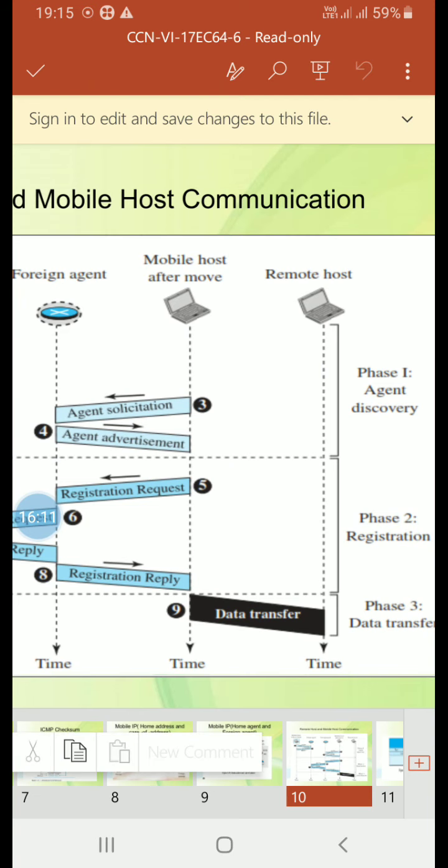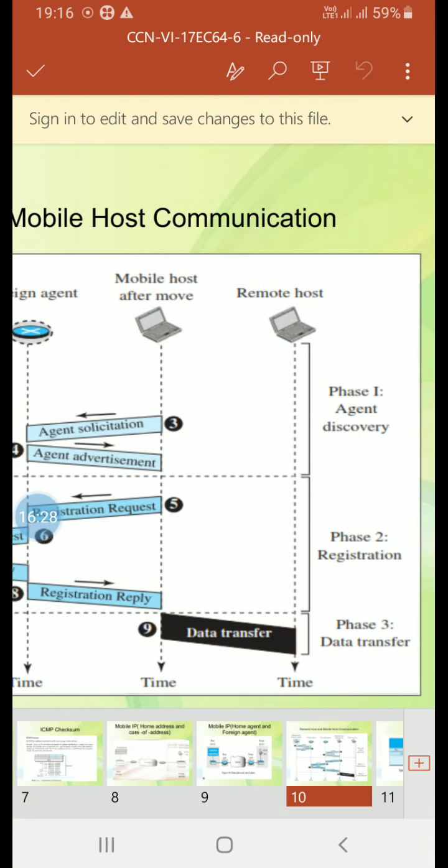All three phases are shown here: phase 1 agent discovery, phase 2 registration, phase 3 data transfer.